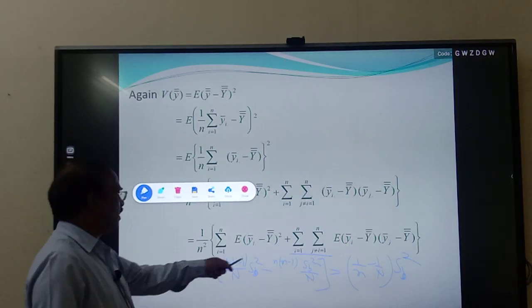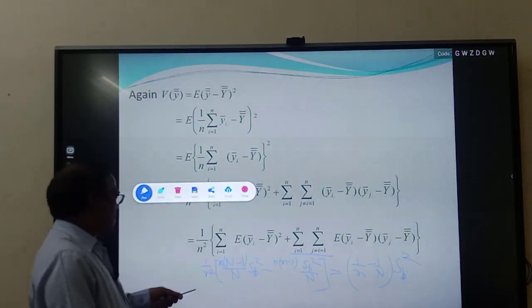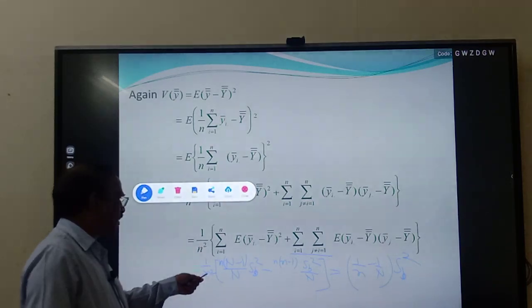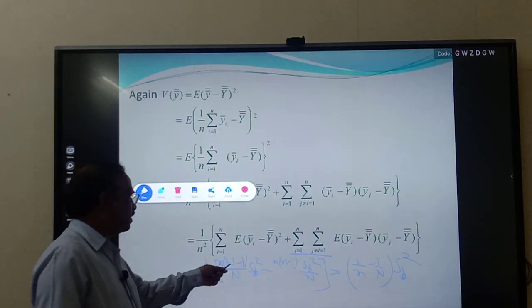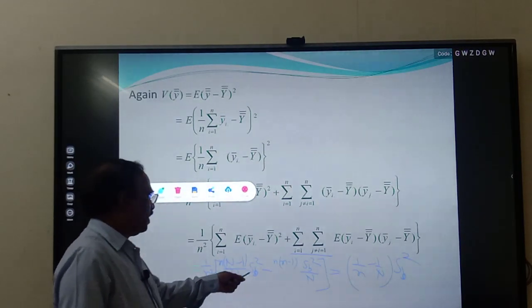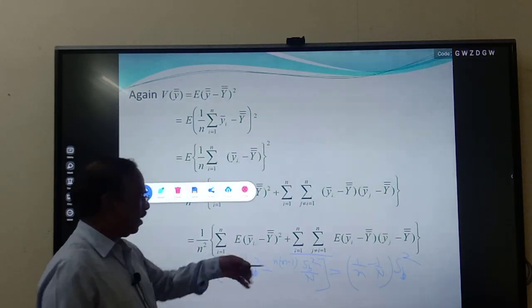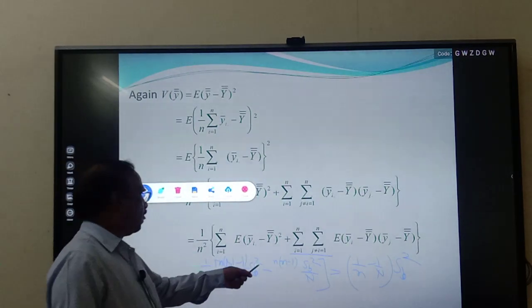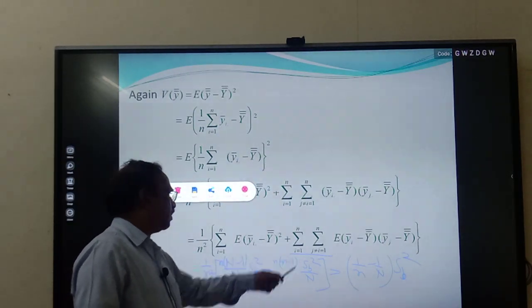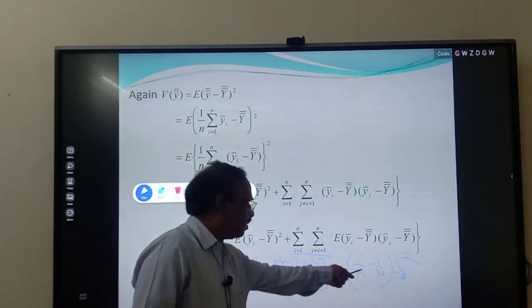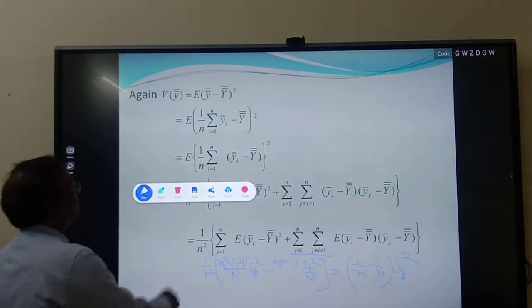You can take small n out of the bracket and cancel it here, small n, and this n minus 1 by n, and here we can take capital N also out, and here n minus 1. So it becomes in this form.